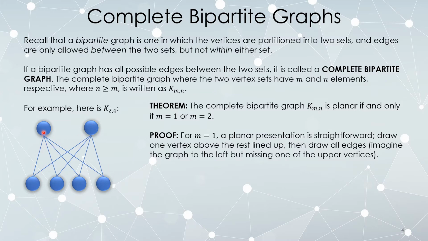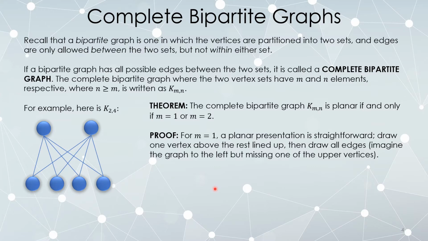So K1,4, just stick 1 vertex here and draw all these connections. And if I only have 1 vertex in this top set, it doesn't really matter how many go in this bottom one, just line them all up and draw all possible connections between them. Okay, so for m equals 1, the second number doesn't matter. I can put the 1 vertex on top and draw all possible connections no matter how many vertices there are.